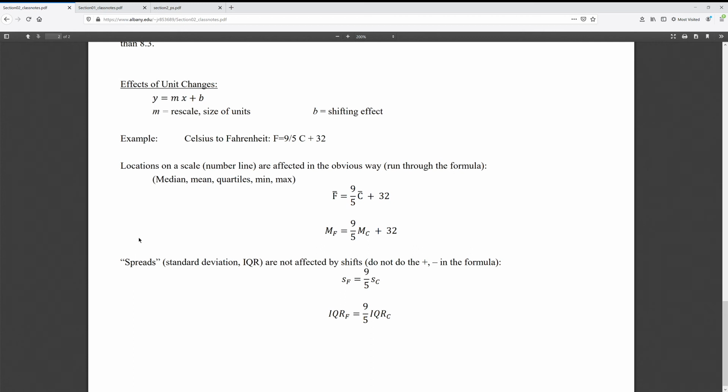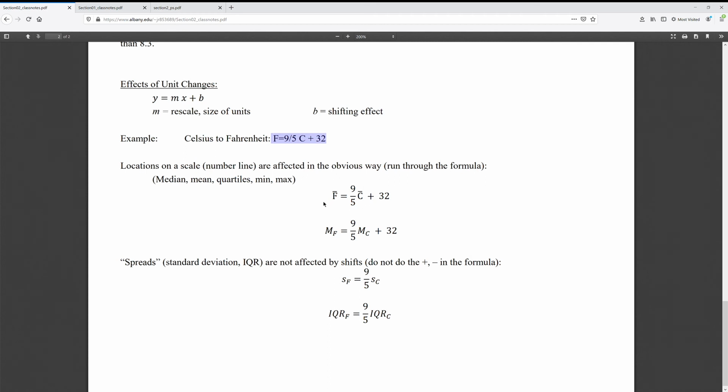There's a shift going on. The meaning of 0 changes. What 0 is in the one scheme of things does not represent the same quantity as 0 in the other scheme of things. There's a shifting effect going on, right? So Fahrenheit is 9/5 times Celsius temperature plus 32.